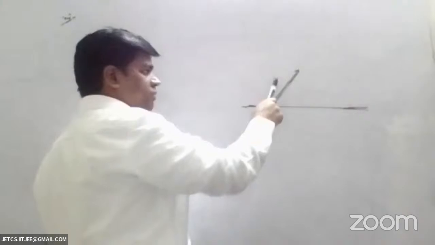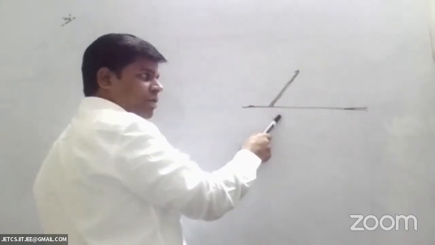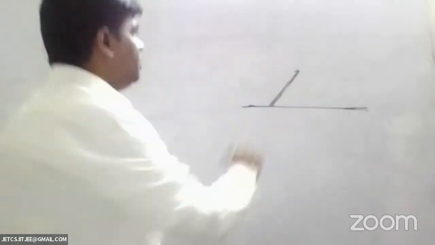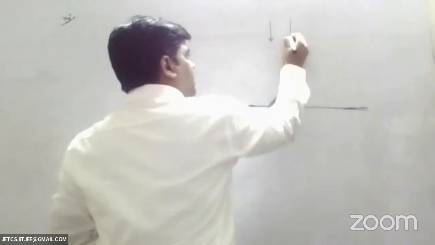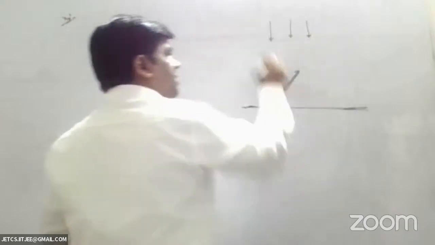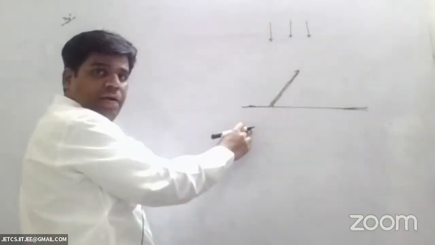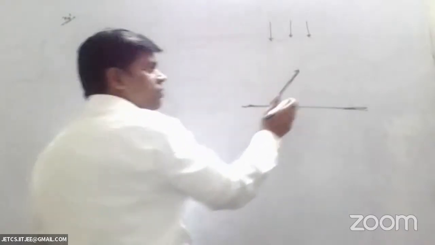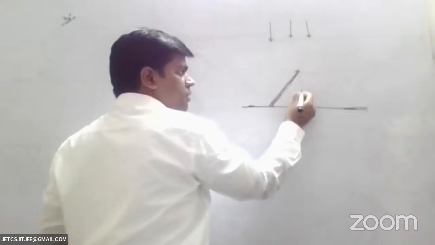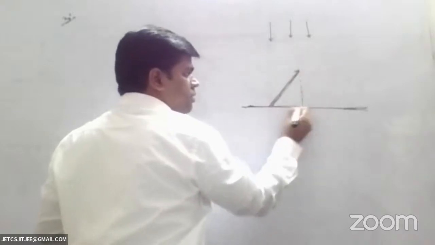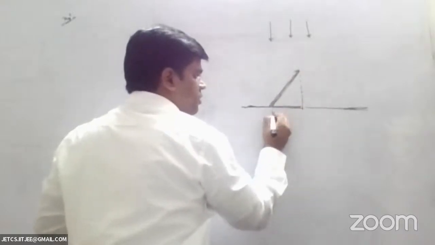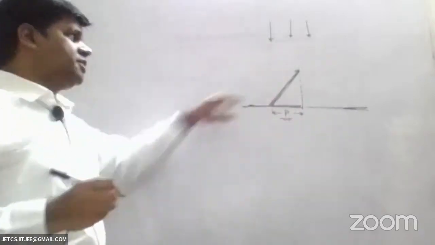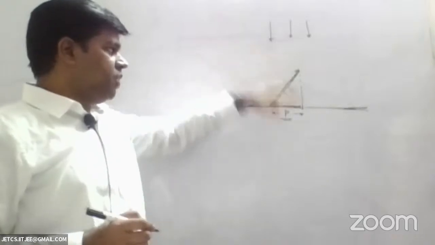When I say find the projection of this rod on this line, what I do is I shine light in the direction perpendicular to the line. What I get is called the projection of this rod or length on this line.